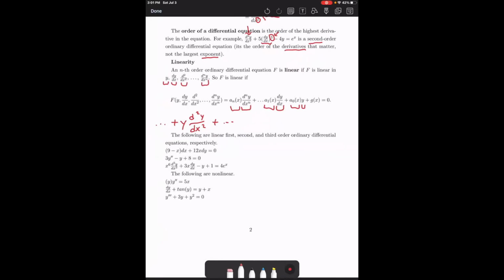The following are linear first, second, and third order ordinary differential equations, respectively. This first example is a good one to look at because immediately we don't even see a derivative in there. We see these dy and dx variables, but they don't really mean much unless they're put together. So we're going to have to do a little bit of algebra here.